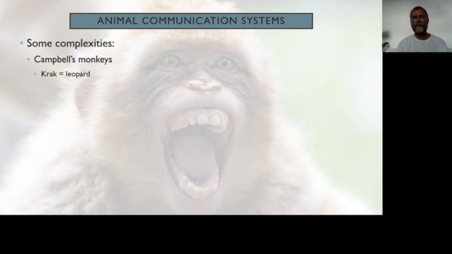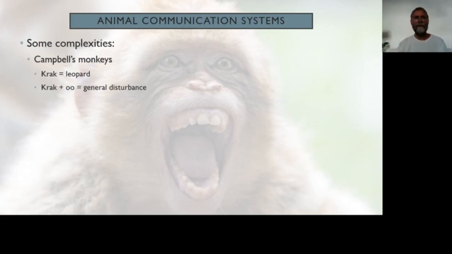But the difference between Campbell's monkeys and other monkeys is that they can combine these one sound type things into others to form more complex expressions. So for example, if you add the sound oo to crack, then you get another expression which means a general disturbance, not a leopard, but some general disturbance in the vicinity.